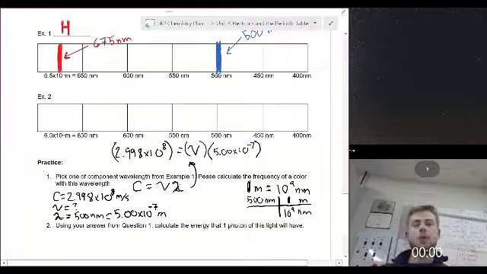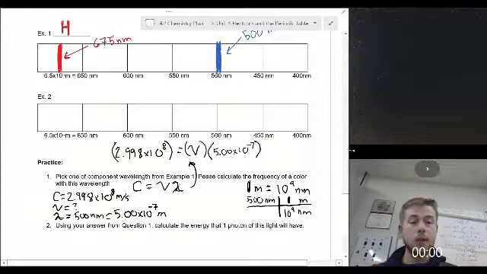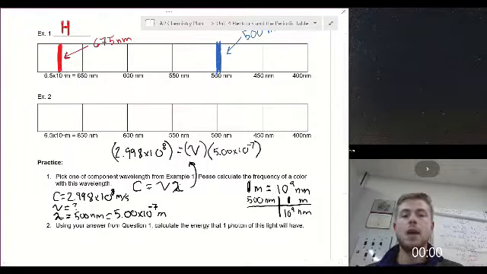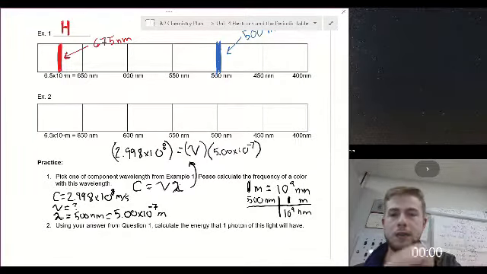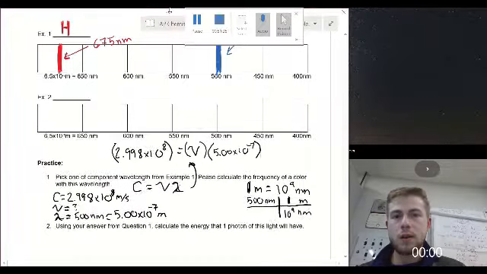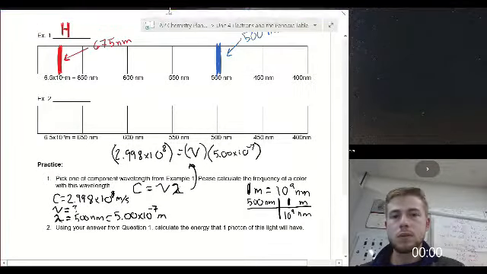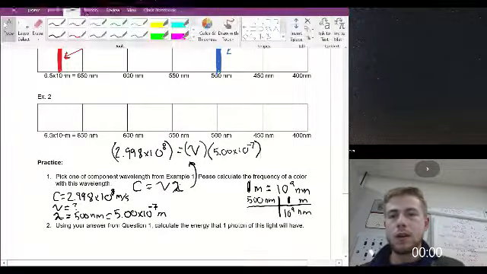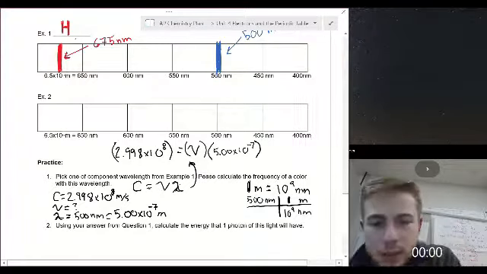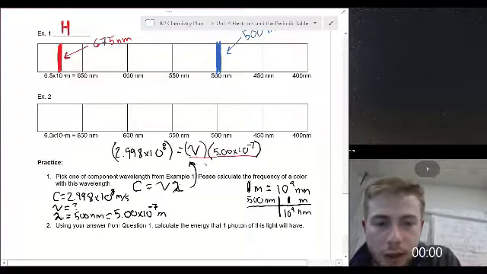Okay. In order to get my frequency V by itself, I need to divide both sides. I'll use a different color. Here we go. I'll use red. I need to divide both sides by 5 times 10 to the -7th.